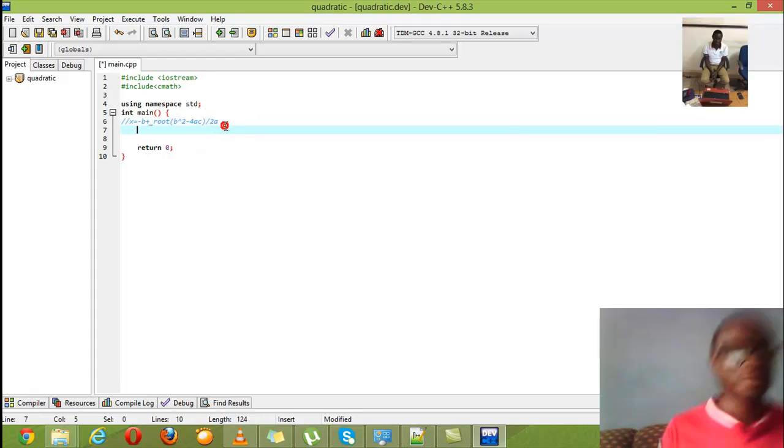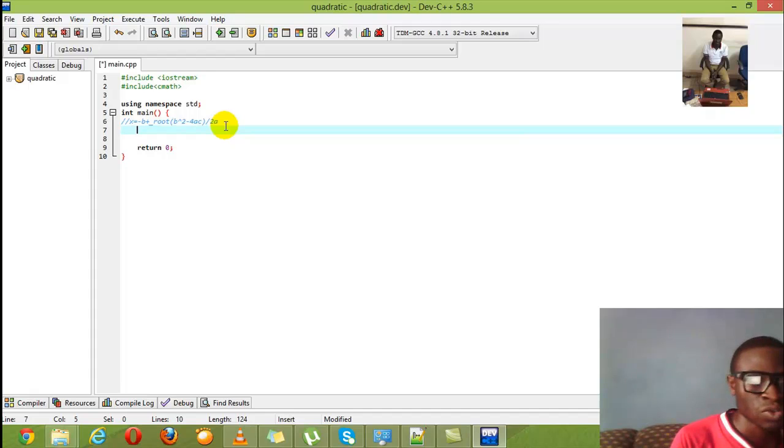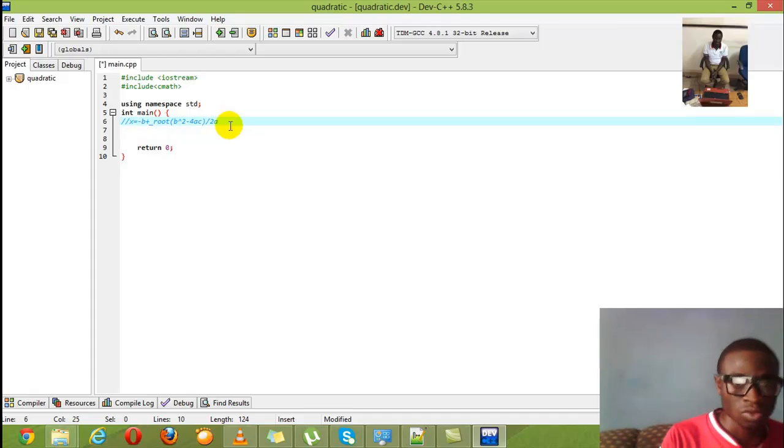Now, first of all, we need to declare variables to handle the input of a, b, and c in the quadratic equation. You know, a is the first value attached to the x square, then b is the second value attached to the x, and the constant is the c, which we can see here.